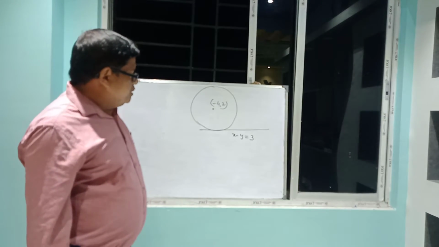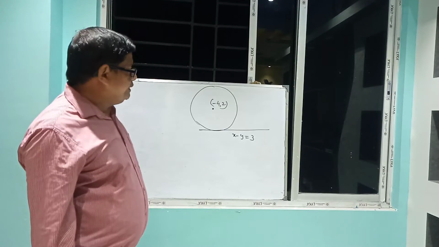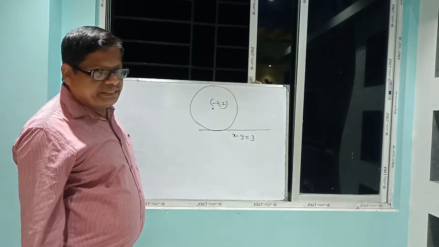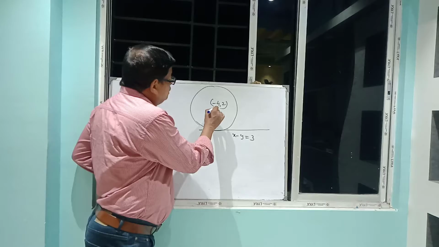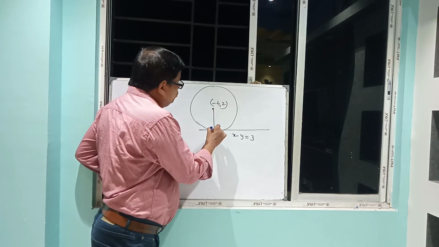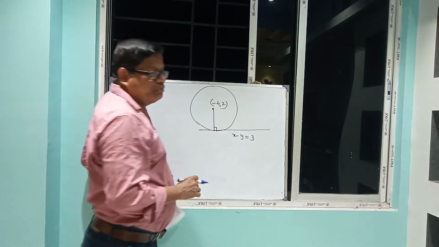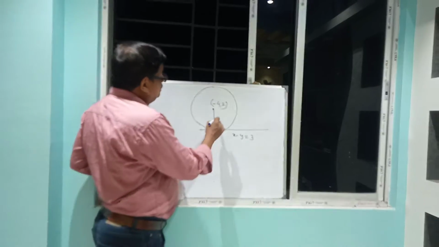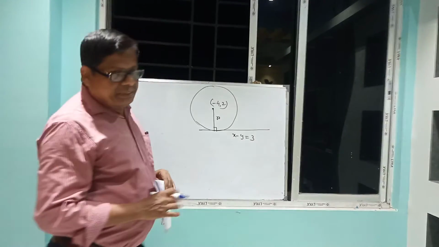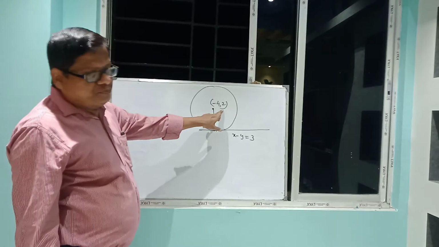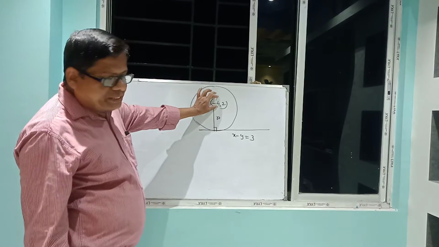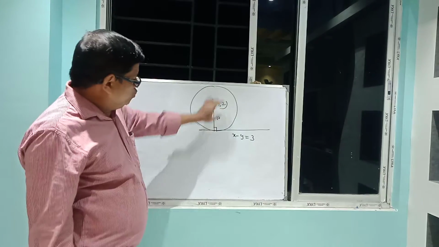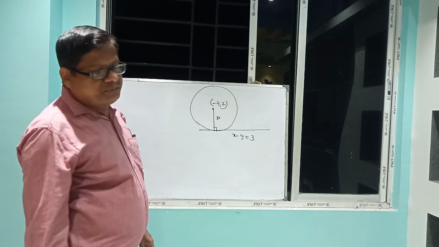Okay, so here you have to find out the radius. How to find the radius? See, here the center and the radius, you know, are always perpendicular to each other. This will be the radius, meaning the distance from the center minus 4 comma 2 to the line x minus y equal to 3.